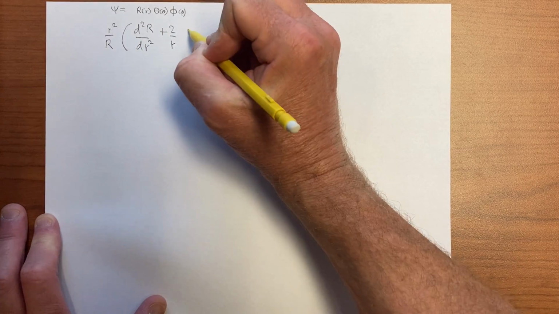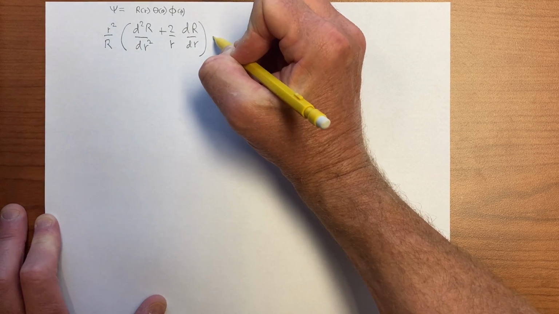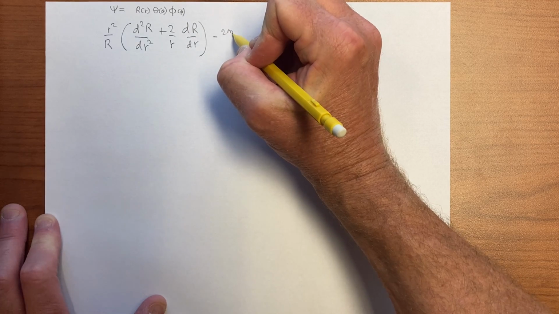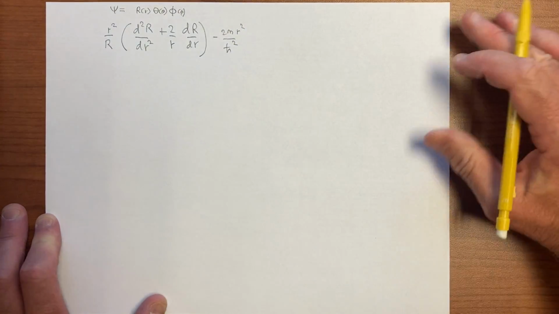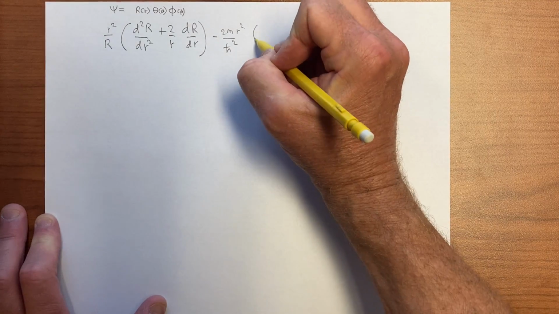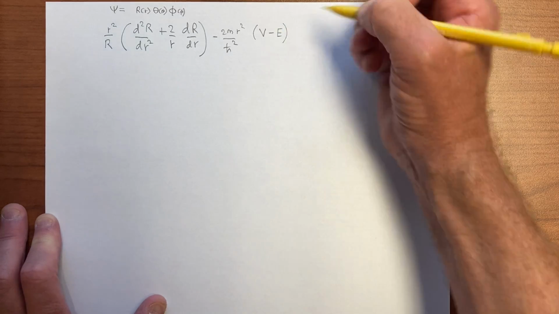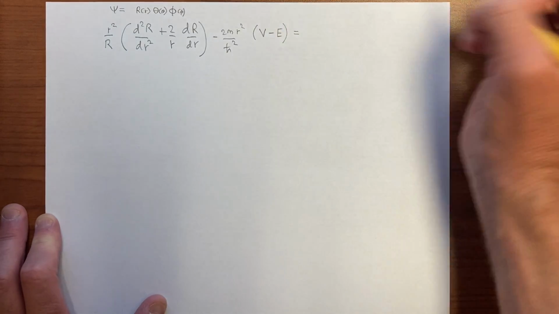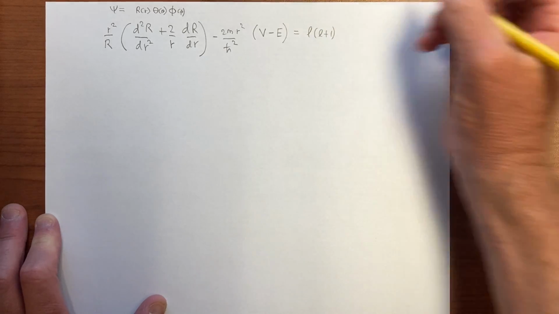2 over r, dR by dr, minus 2mr squared over h bar squared. Let's bring the energy to this side. So we have the potential minus the energy. That's equal to that constant, which we now know to be L times L plus 1, right? The lambda constant.